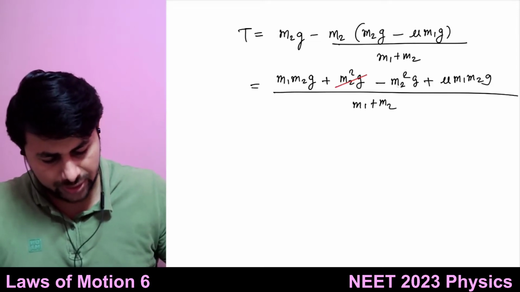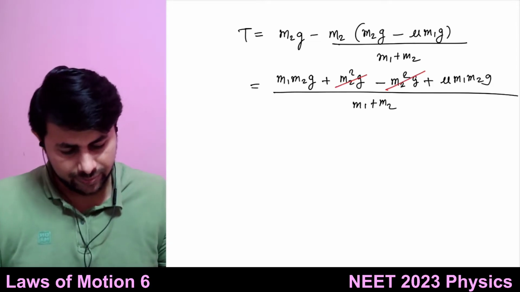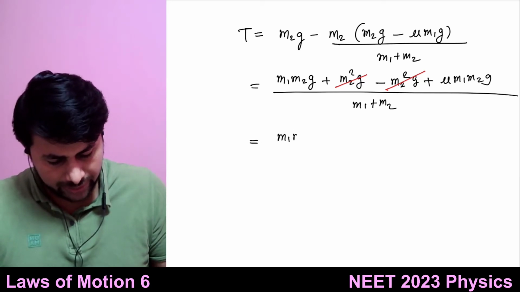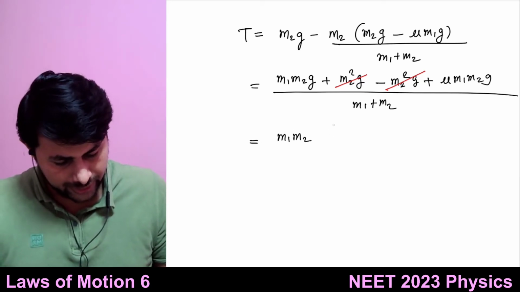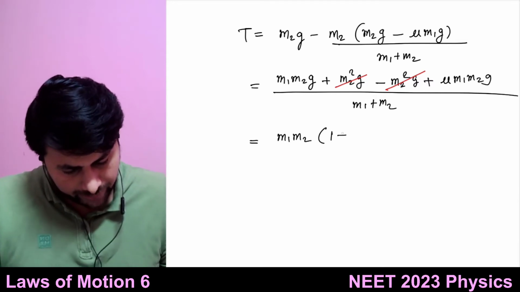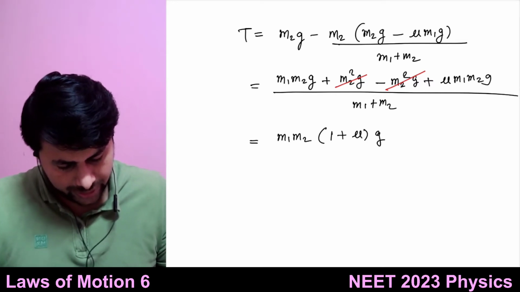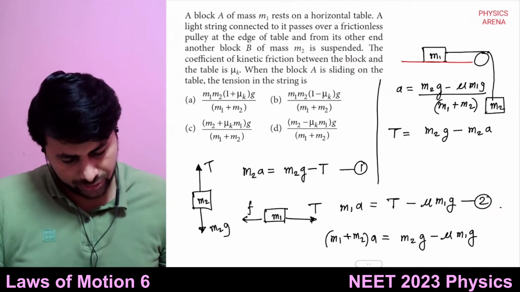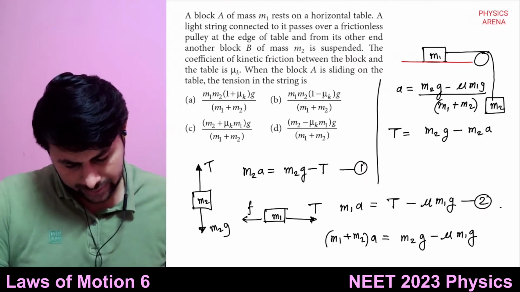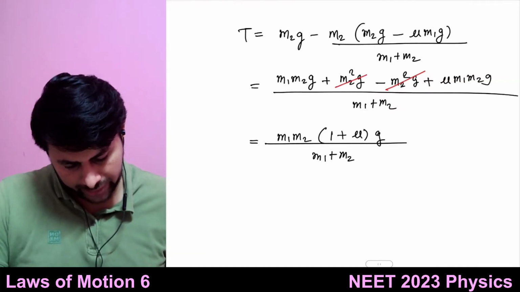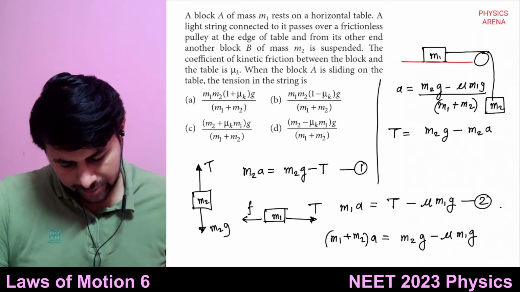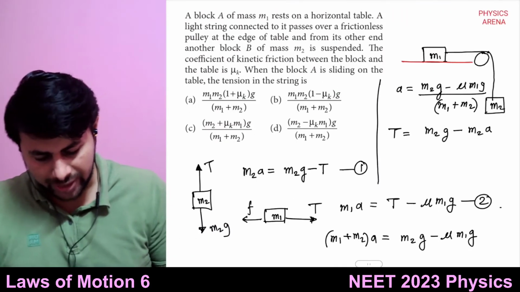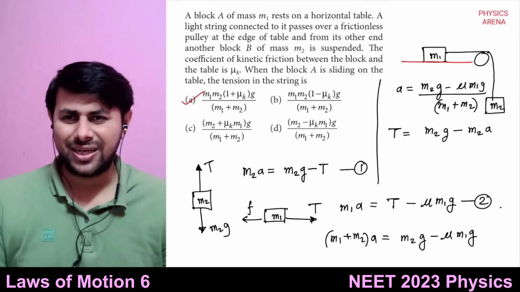Slightly lengthy question. This thing gets cancelled out. m1 m2 you can take common. So m1 m2 (1 plus mu) g divided by (m1 + m2). I think this should be the answer. So it is option A, right? If plus minus everything is correct, option A is the answer.